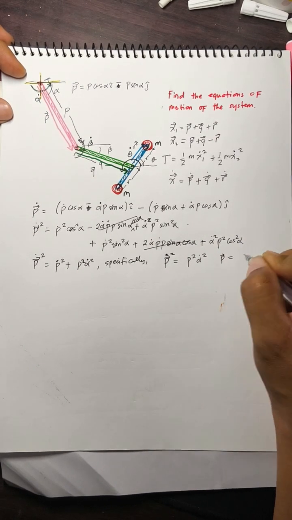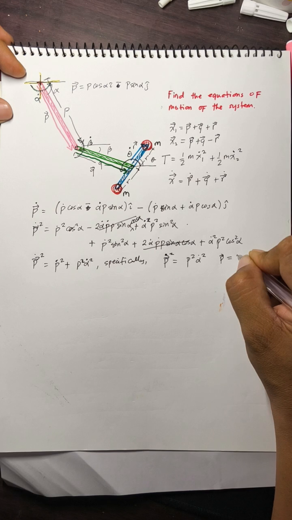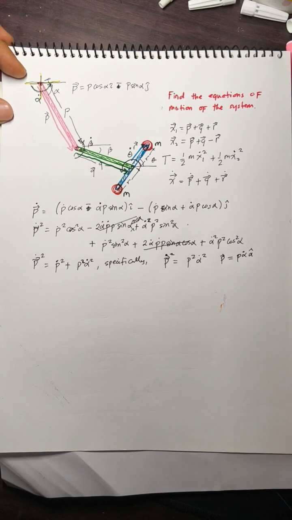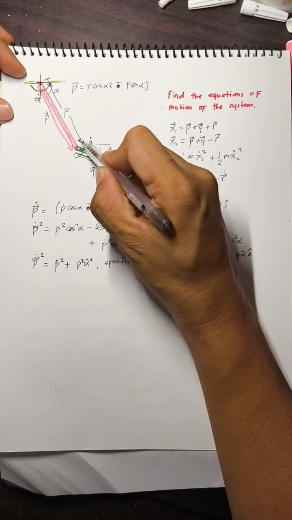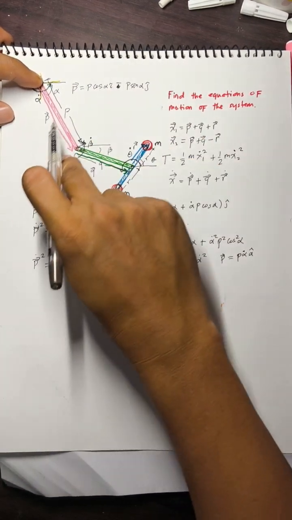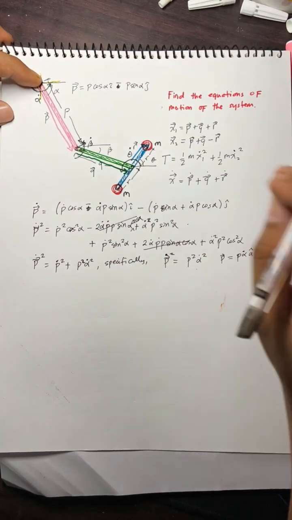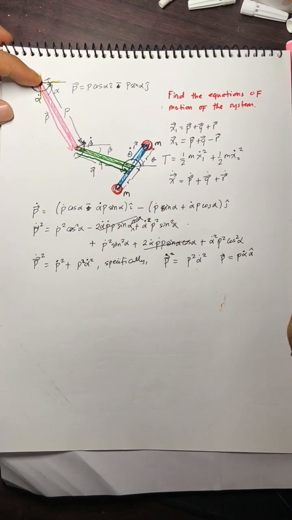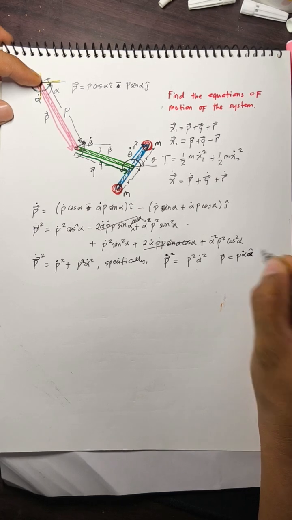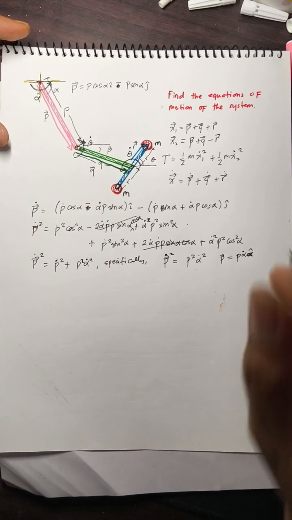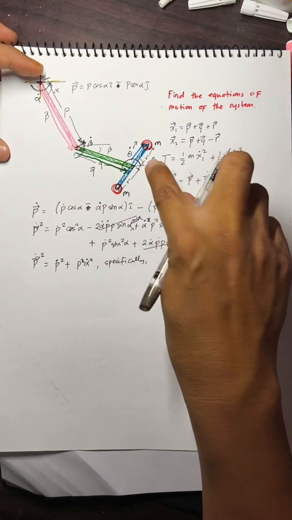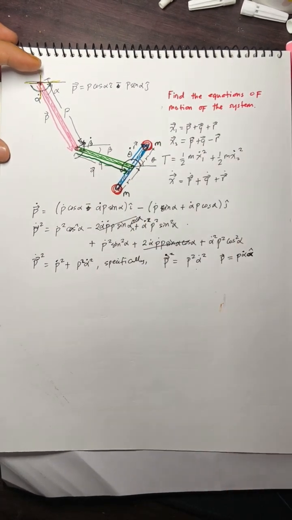Our p vector is just equal to p alpha dot alpha hat, because it's going in the alpha hat direction, meaning we only have an angular displacement, no translational. That's why this is alpha dot. Okay, so this is true for q dot and even for r dot.